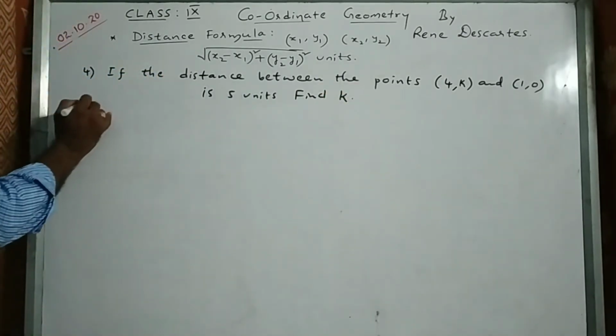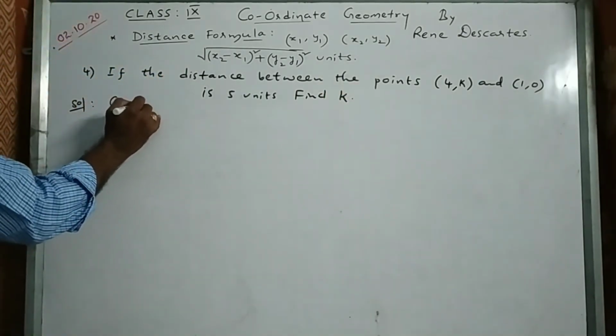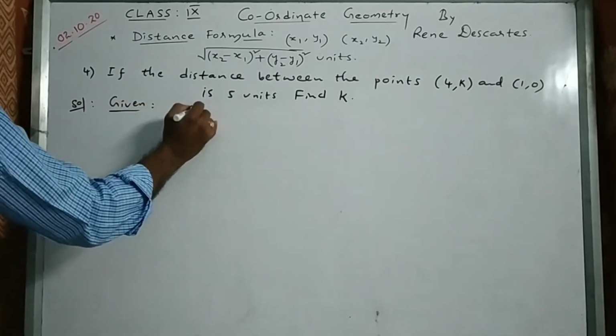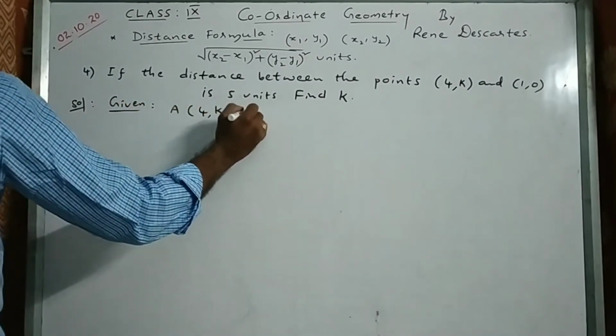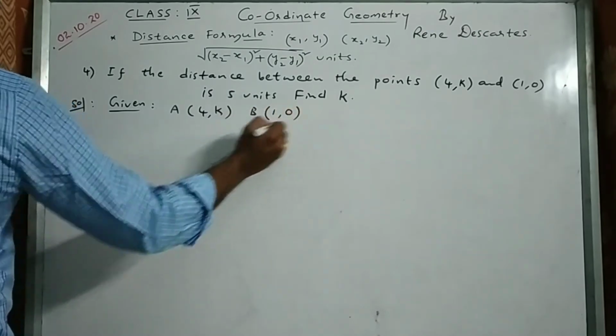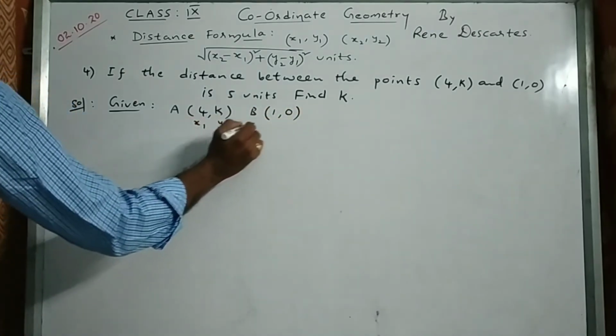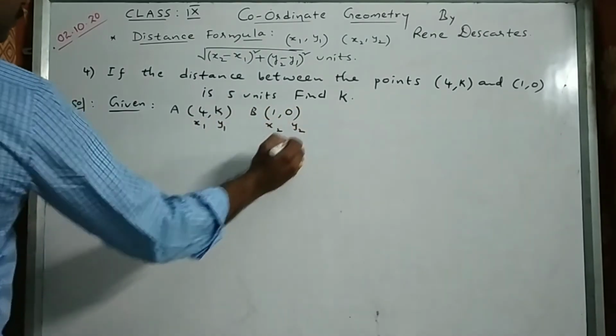Okay, distance is given here. Given points are, I will take A of 4 comma k, B of 1 comma 0. I will take it as x1 y1, x2 y2.